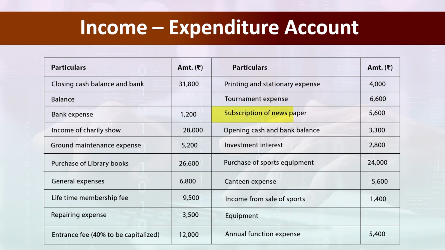6,600 rupees, subscription of newspaper 5,600 rupees, opening cash and bank balance 3,300 rupees, investment interest 2,800 rupees, purchase of sports equipment 24,000 rupees, canteen expenses 5,600 rupees, income from sale of sports equipment 1,400 rupees, annual function expenses 5,400 rupees.